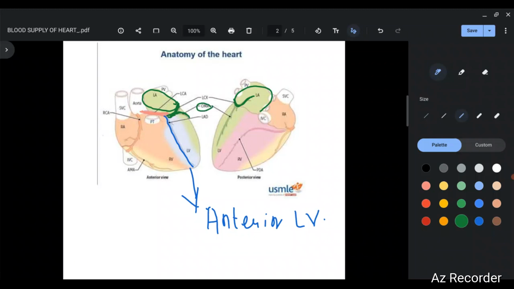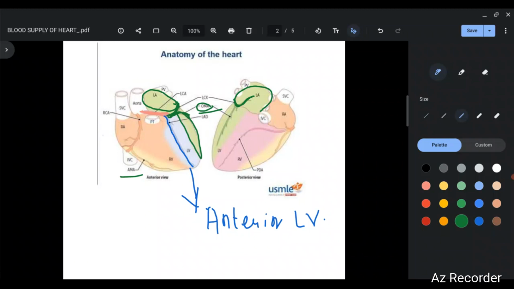Your obtuse marginal artery supplies the lateral surface of your left ventricle, both anteriorly and posteriorly. Now answer me one question. Which artery supplies the lateral surface of the right ventricle, both anteriorly and posteriorly? It's the acute marginal artery. And which artery supplies the lateral surface of your left ventricle? It's your obtuse marginal artery. Isn't it amazing? It's very easy and very amazing.